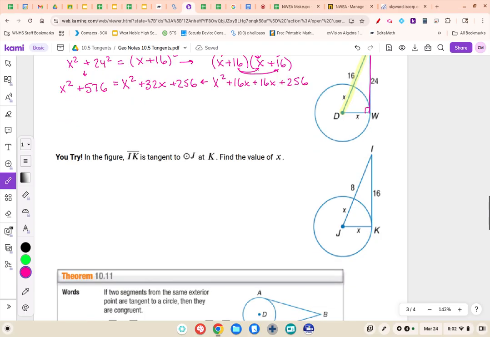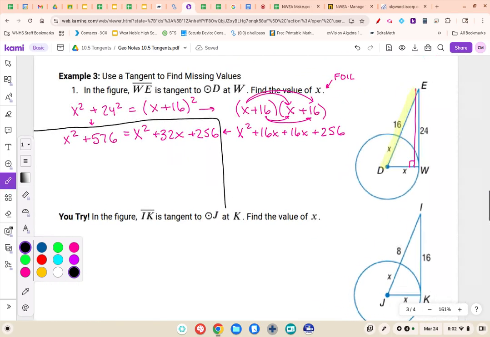Now, this is the problem that I need to solve. Everything else was just work to get here. And actually, this doesn't end up too bad. I am going to subtract x squared on both sides. They both cancel out. And then I'm going to subtract 256 on both sides. Now these don't cancel out, but they leave me with a fairly simple problem to solve.